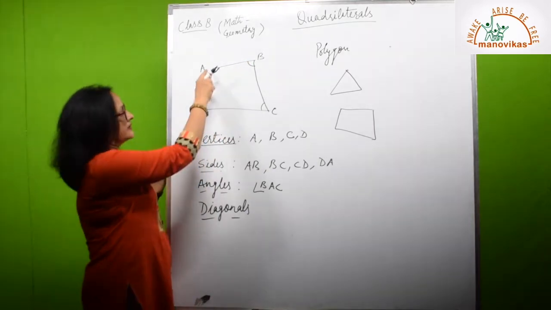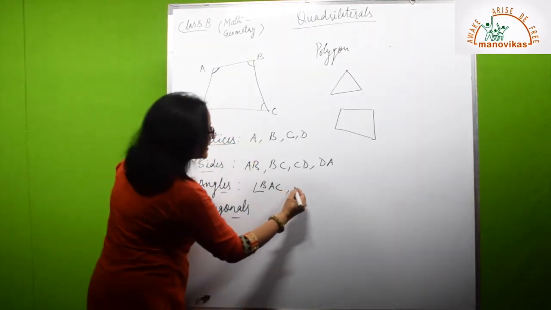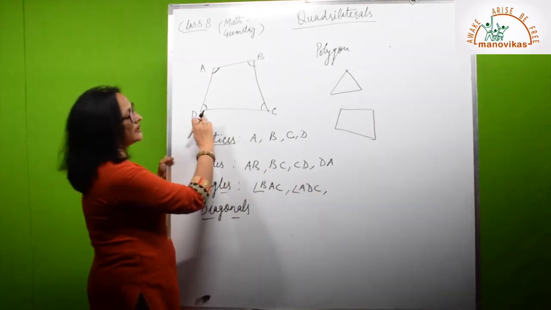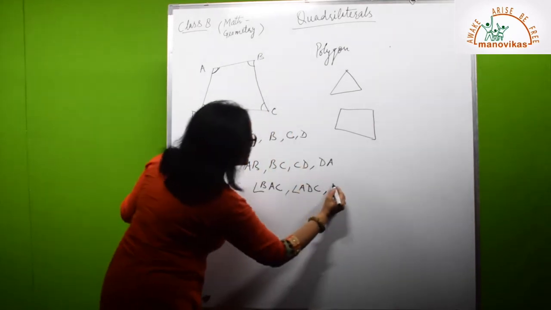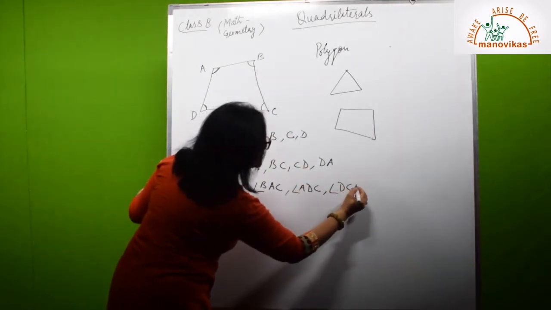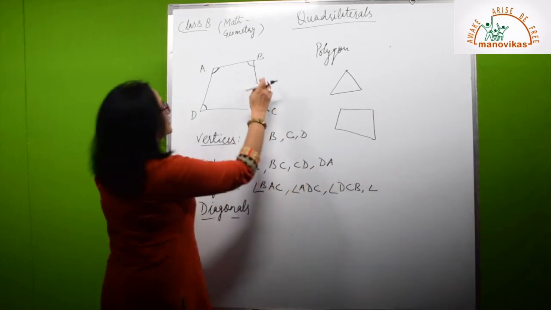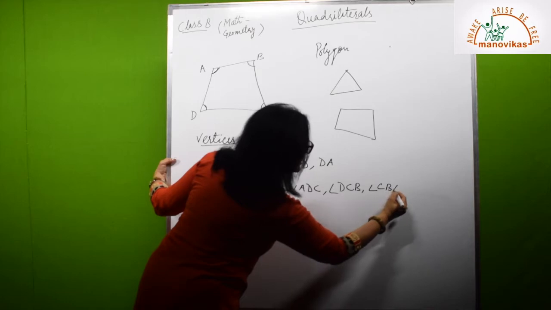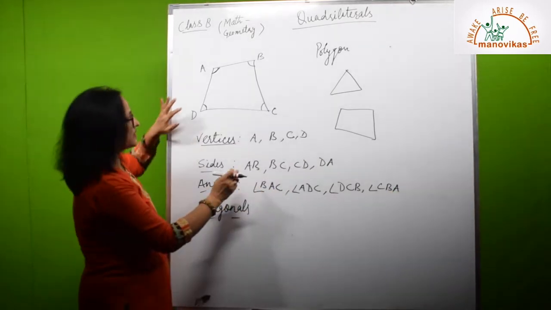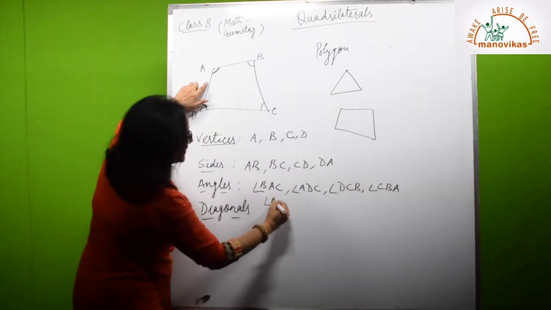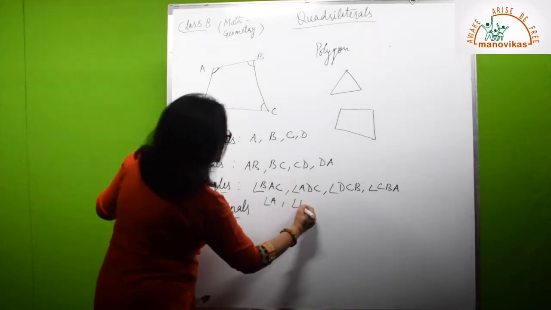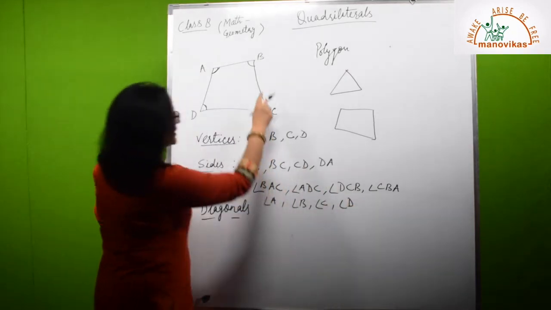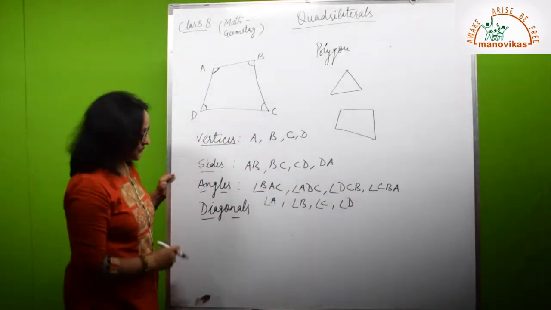Then angle ADC, then angle DCB, and angle CBA. In place of this, we can take it as angle A, angle B, angle C, and angle D. You can write these angles like this also.